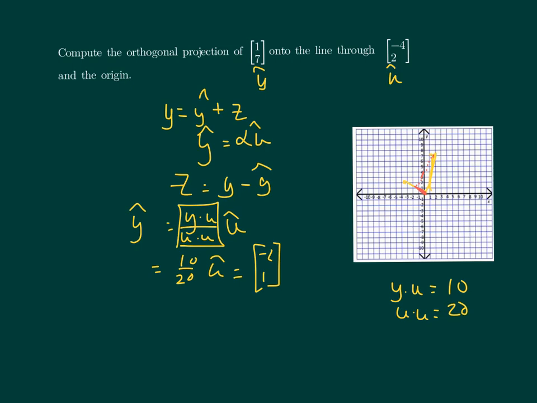Now z specifically is given by y minus y hat, and so z is (3, 6). So our (3, 6), that's our z.